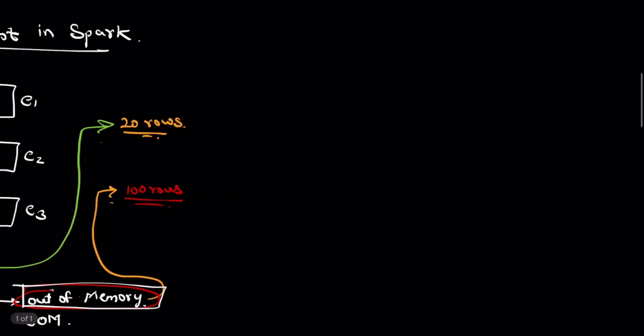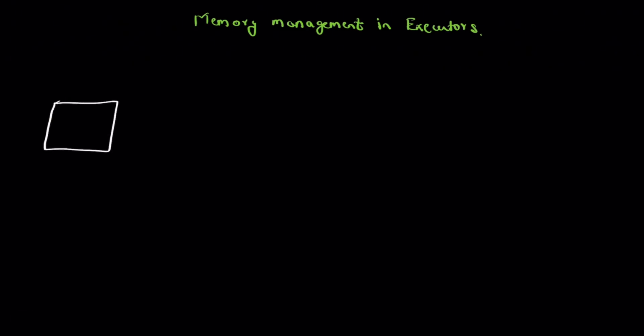Let's start. So in today's video, we are going to see memory management in executors. So let me quickly draw out the architecture of Spark. Let's say we have a driver of 10 GB, and how the memory is managed within the driver, we have seen in the previous video.